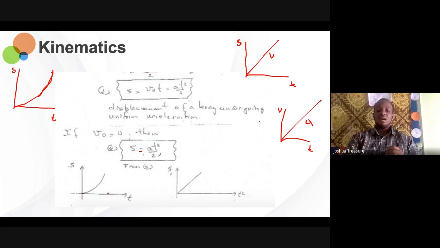And if we had t squared instead of t, we don't have a straight line because S and t squared are inversely or directly proportional? Which one of them? S and t squared. Are they directly proportional or inversely proportional? As S increases, what happens to t squared?